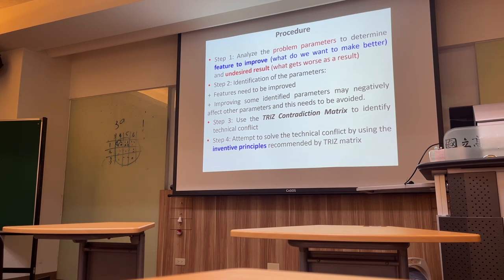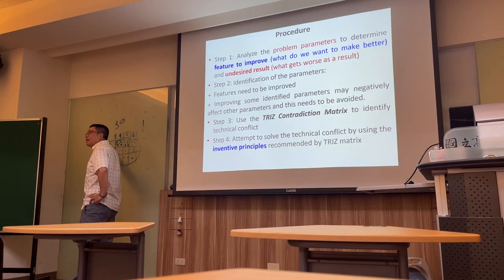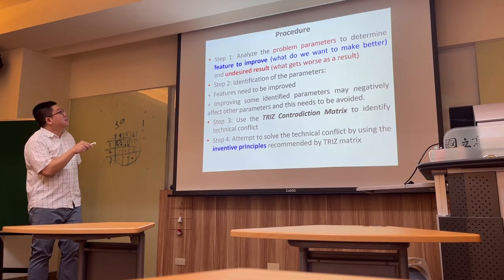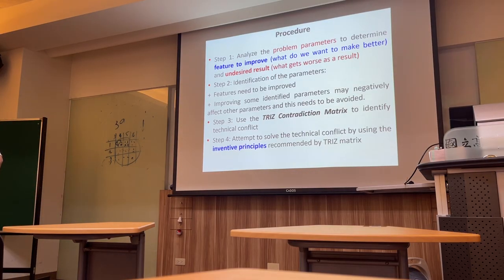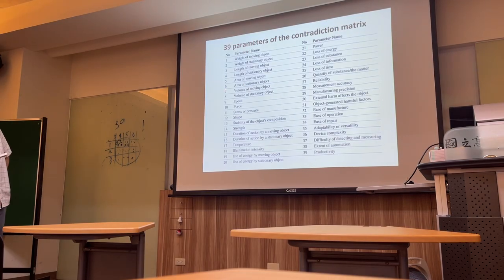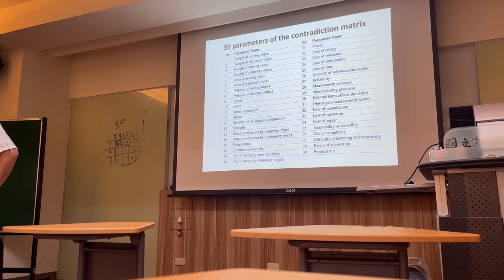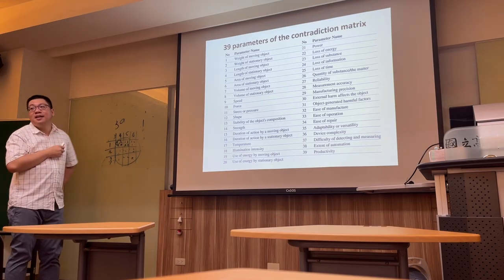Here is what you need to do. Analyze the problem to determine the feature to improve. And at the same time, if you improve this, what will be the undesirable result? In the first stage, we have 39 parameters, so you need to identify which parameter needs to be improved. For example, speed.